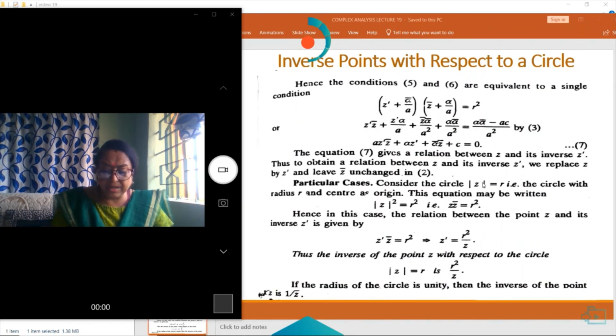Thus, equation 7 gives us a relation between z and its inverse point z dash. Thus, to obtain a relation between z and its inverse z dash, we replace z by z dash and leave z bar unchanged in 2.